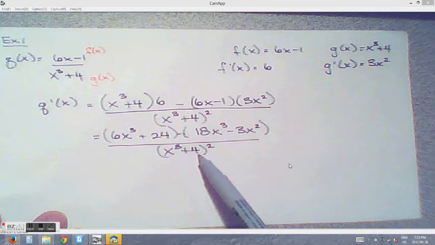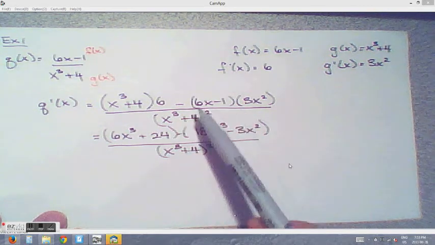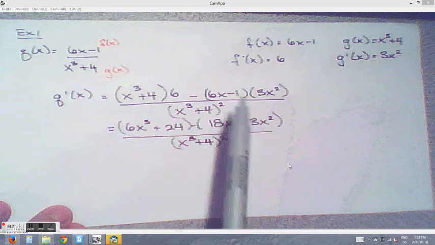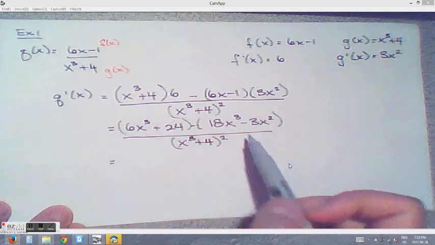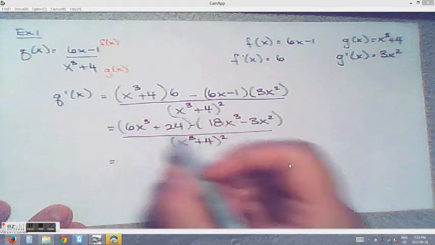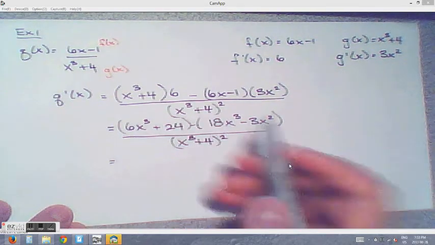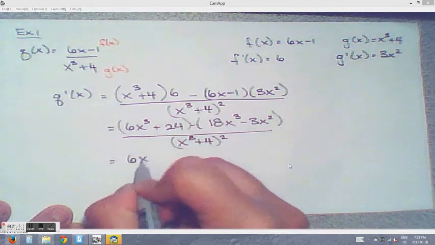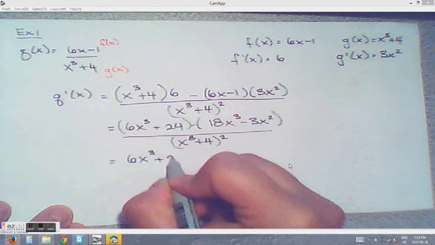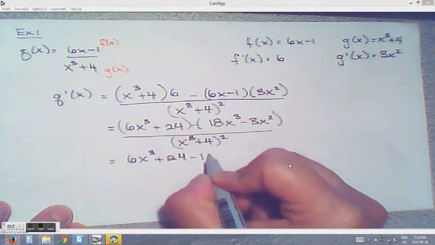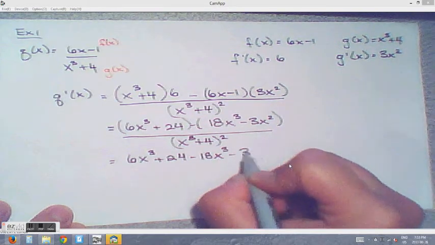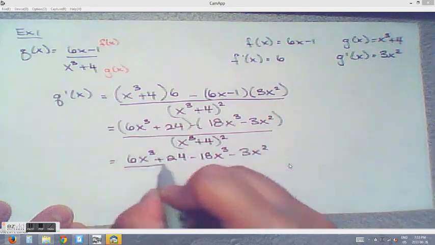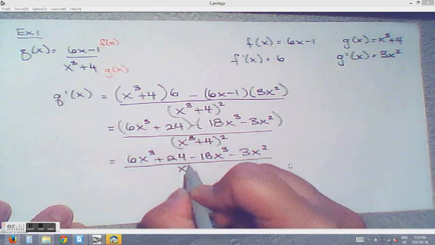So I'm just going to simplify the numerator, but the denominator might get kind of messy. Let's remove the brackets and multiply this negative sign in. So 6x cubed plus 24 minus 18x cubed minus 3x squared, all over (x cubed plus 4) squared.